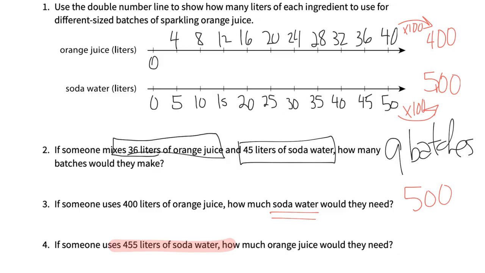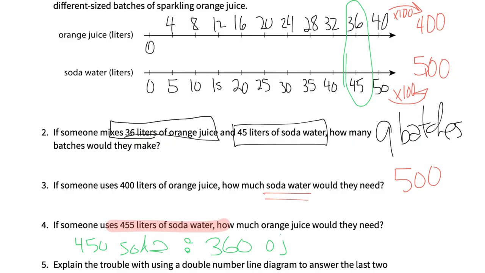Well, 450 would be multiplying this by 10. So that would give us 450 liters of soda, which would give us 360 liters of orange juice, right? Right there.